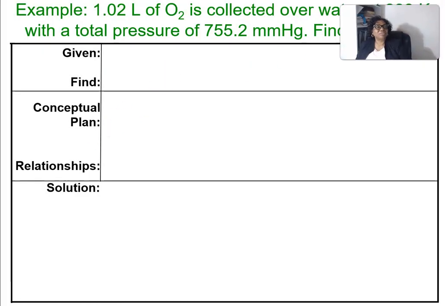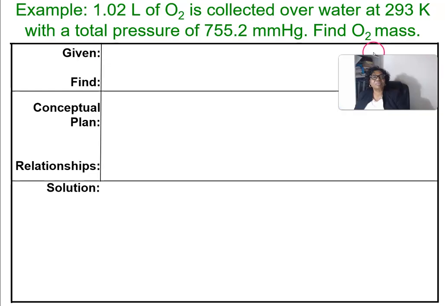So let's try this example. 1.02 liters of oxygen is collected over water at 293 Kelvin with a total pressure of 755.2 millimeters mercury. Find the mass of oxygen.